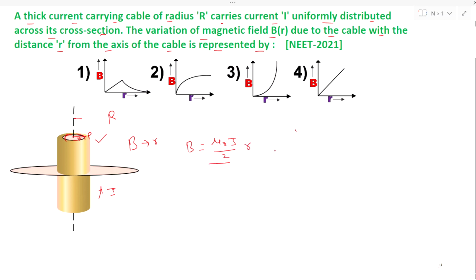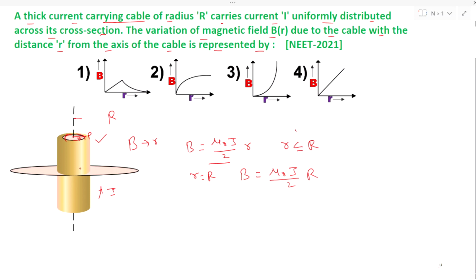This expression will be valid for all the points such that r is less than or equal to R. And for r equal to capital R, which is nothing but the radius of the cable, you get B is equal to mu naught J R by 2.